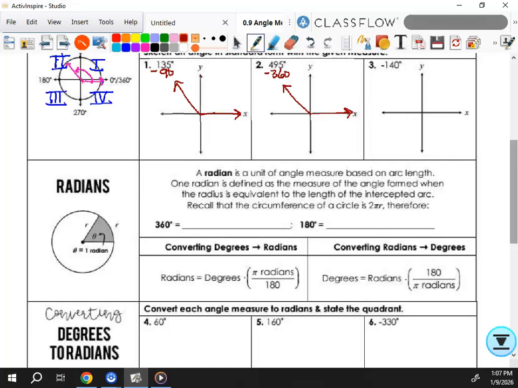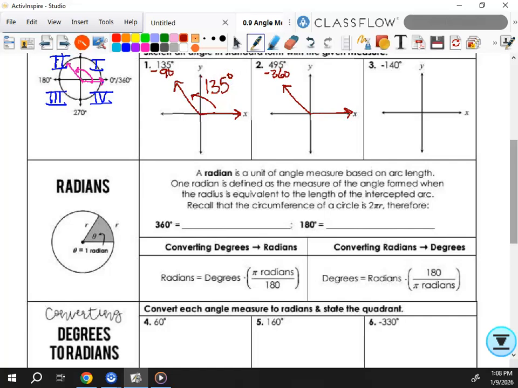But see, here's the thing. Are those the exact same angle? They're not. One's a lot bigger than the other. Right now, they look exactly the same. So the other part of what you have to put on there is your angle or your direction and length of rotation. So you've got to have a little curvy arrow like that showing that you started there and went to there. That's 135 degrees.